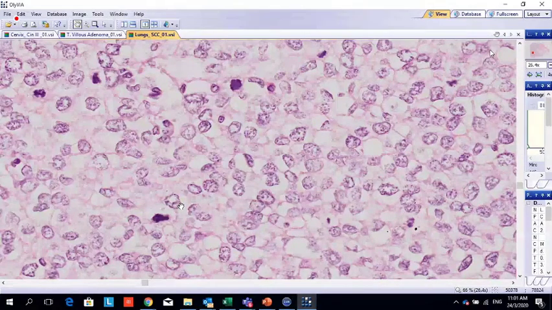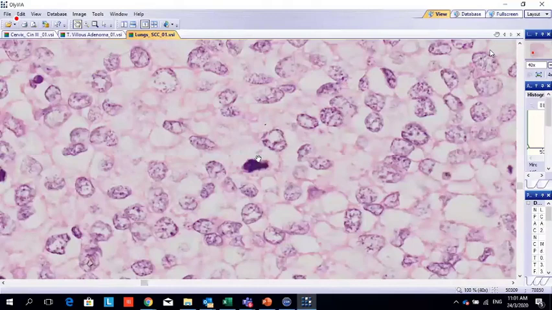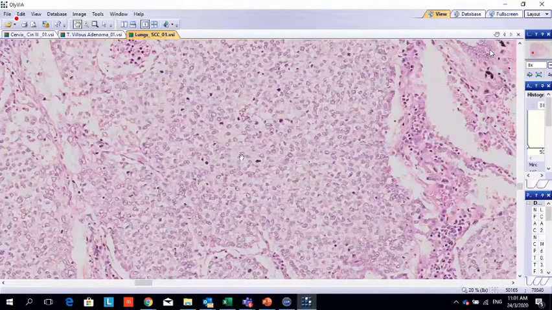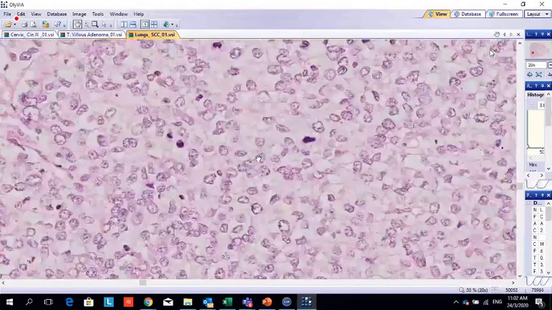Thank you, doctor. Okay. Any question? Doctor, is the name of this condition bronchial carcinoma? Bronchogenic carcinoma, especially poorly differentiated squamous cell carcinoma. And there is focus of what?